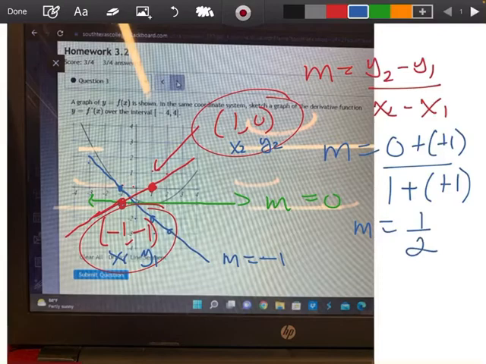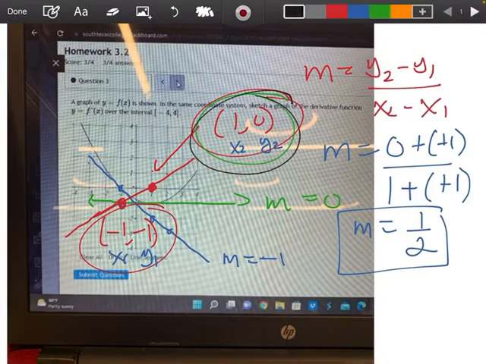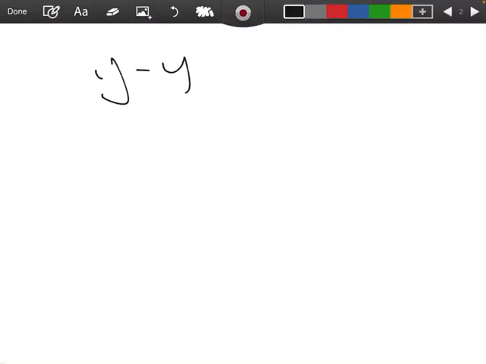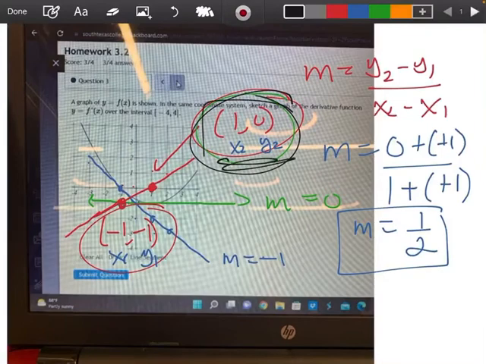All right, so I have my slope right here, and I'm going to use this point, let me do it in black, to find the equation. So y minus y1 equals m times x minus x1. I'm using this point here; I could have used that one too, but I'm going to use this one.